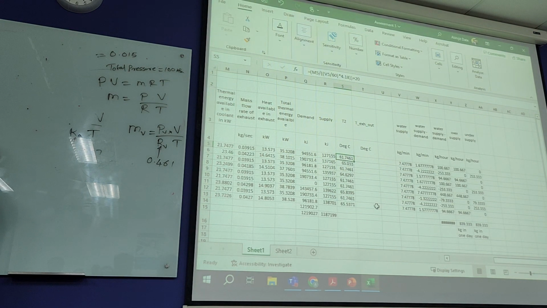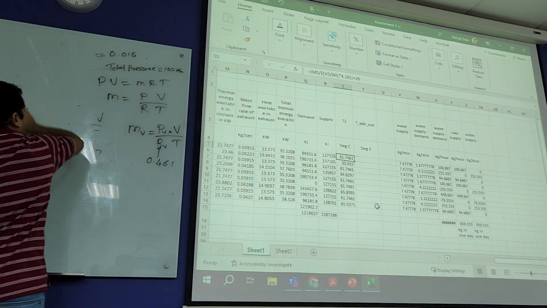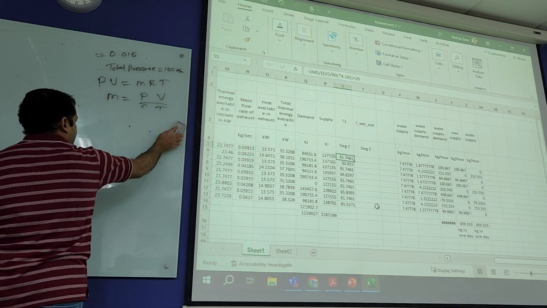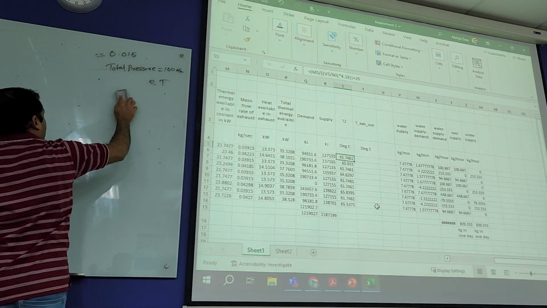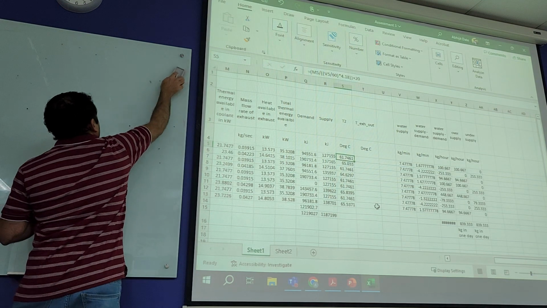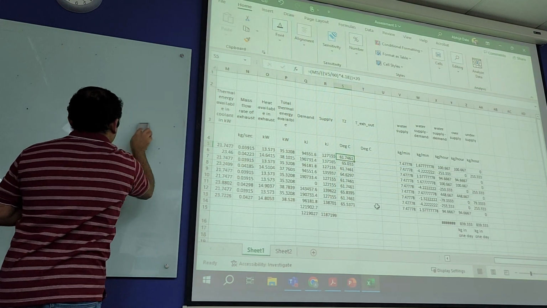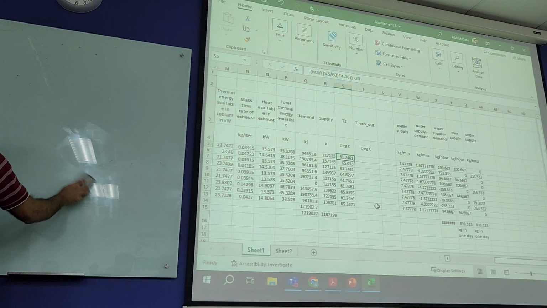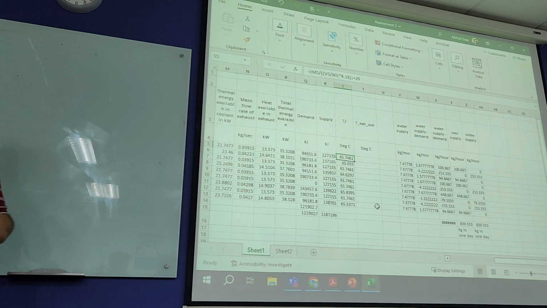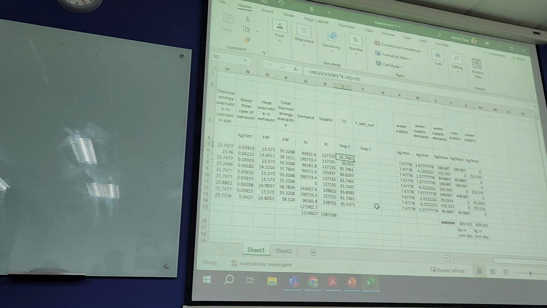Use the water supply, the water flow rate. No, this one. Use this one divided by 60 plus 20.